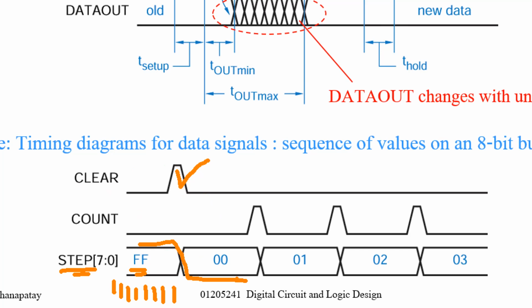Clear means making the value 0. And after that, when count is active, the value of step will increase by 1. When count is active again, the value counts up from 1 to 2. When the signal is active again, the value of step changes from 2 to 3.